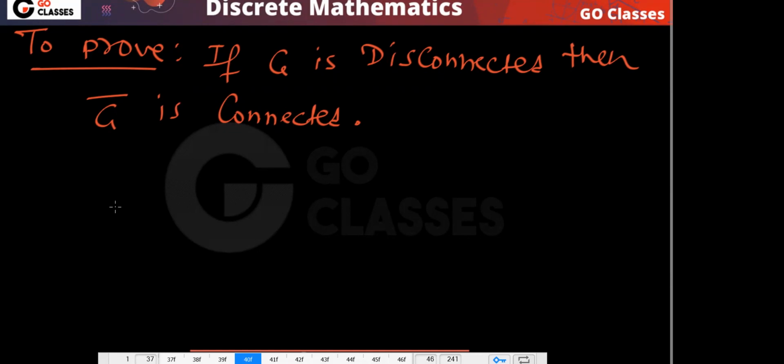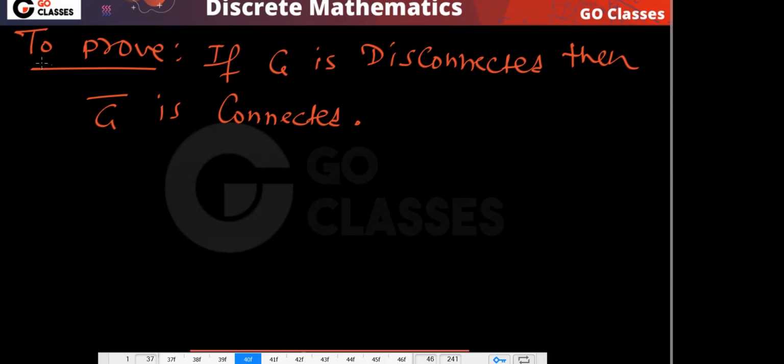If you have K3, the complete graph on 3 vertices, then the complement will be the null graph on 3 vertices. And of course, you can check that the complement of a complete graph will be disconnected if and only if n is greater than or equal to 2. If you have K1, the complement of K1 will be K1.